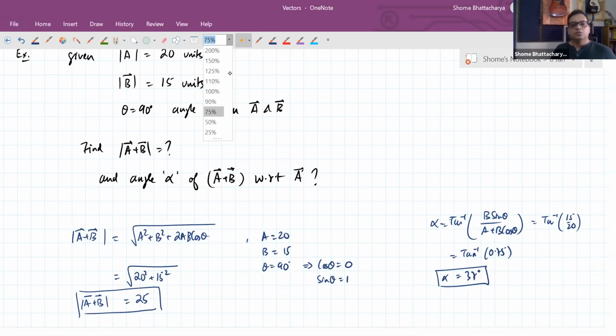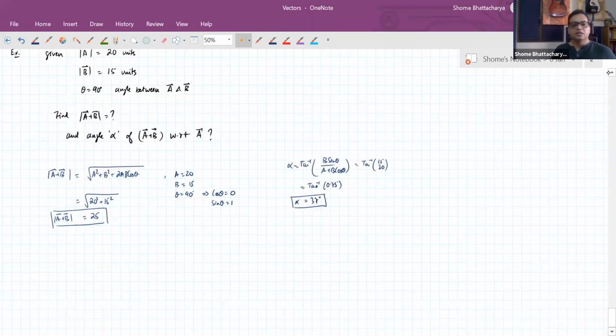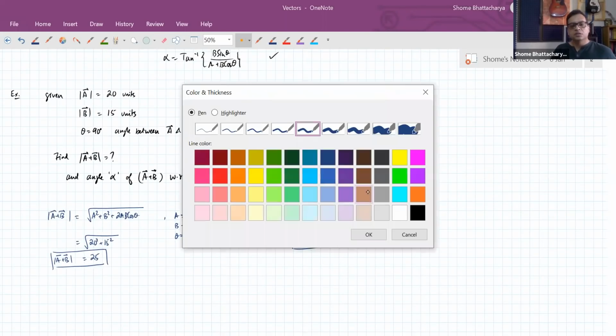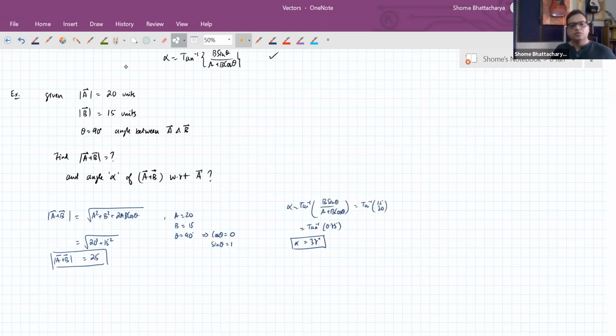Now you can support this result with a very simple geometrical interpretation also. If you look at this information given to us about A and B, it will correspond to a vector triangle like this, that the vector A is 20 in length, the vector B is perpendicular to it, and it is 15 in length. Angle is 90.